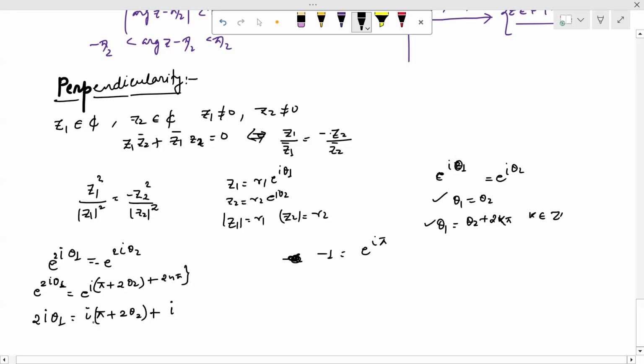The more general way of writing it: iota gets cancelled, so I simply write 2 theta 1 is equal to pi plus 2 theta 2 plus 2k pi, where k belongs to Z.